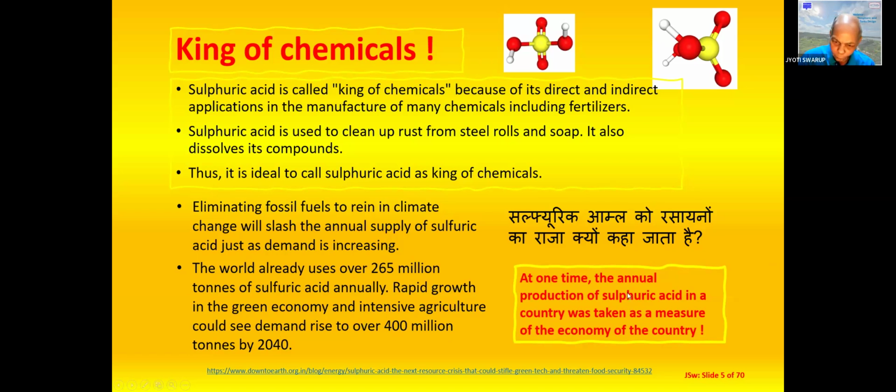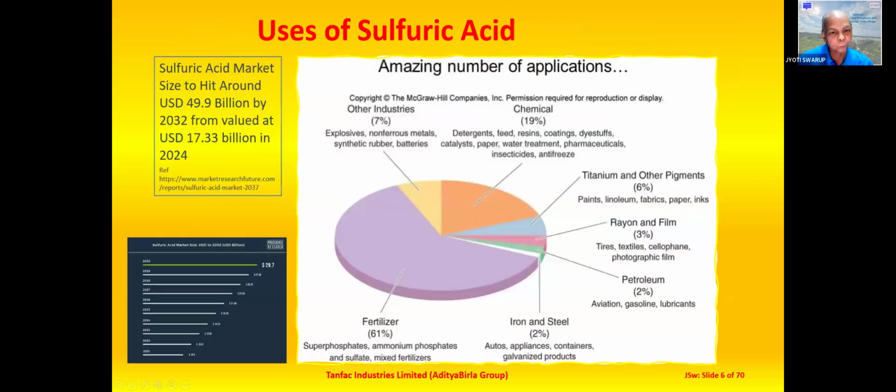At one time, the annual production of sulfuric acid in a country was taken as a measure of the economy of the country. Now, uses of sulfuric acid are mostly in fertilizer, 61%, then explosives, non-ferrous metals, etc. Then a lot of detergents, feed, resins, etc. Then some pigments for titanium, paints, linoleum, and petroleum is also one of the users.